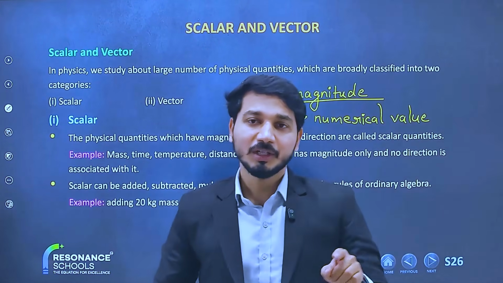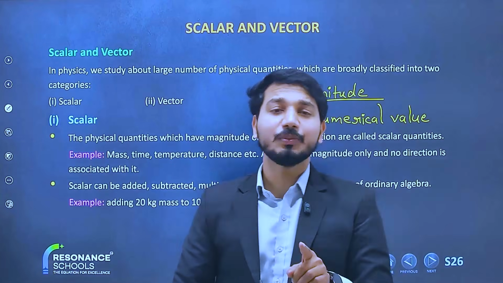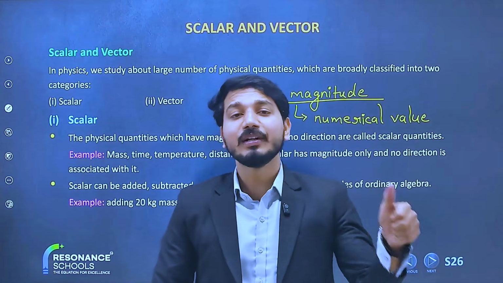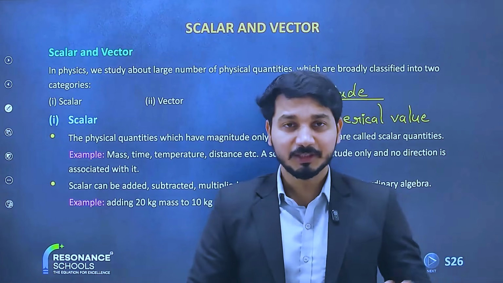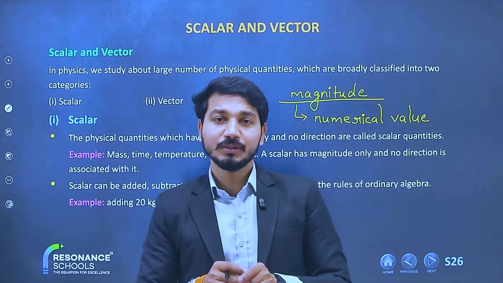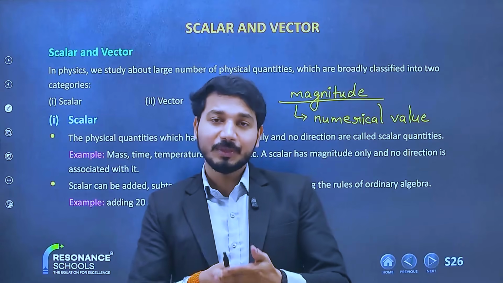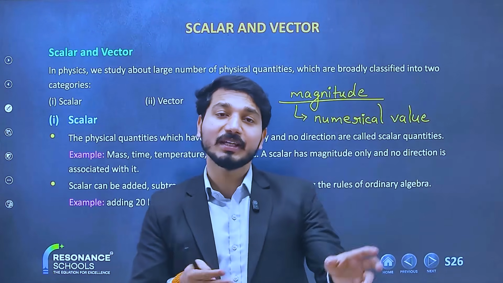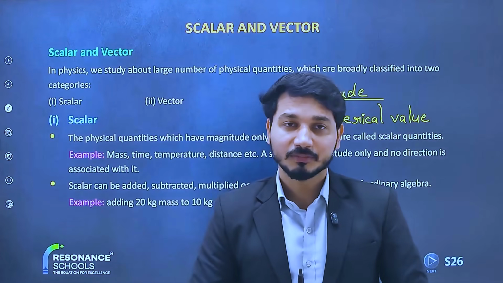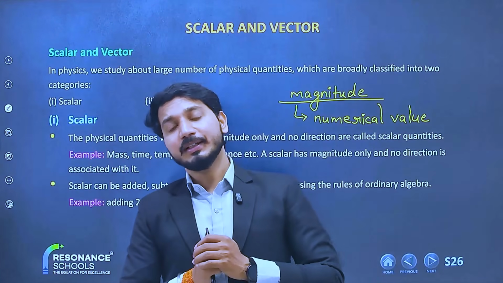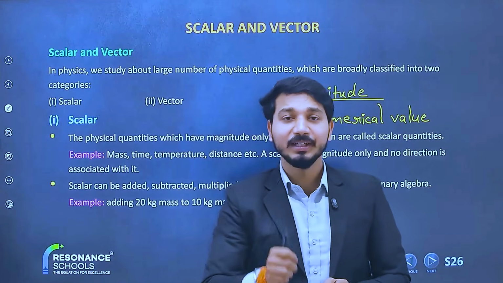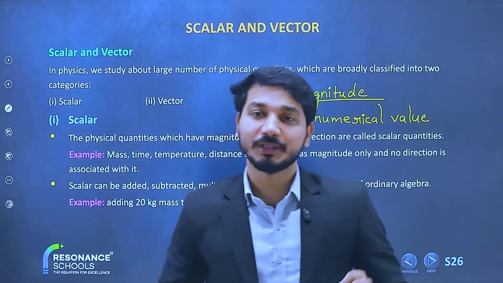If someone asks you how many types of physical quantities are there, your answer should be two, fundamental and derived. Now if someone asks what is the classification on the basis of magnitude and direction, then your answer should be scalar quantity and vector quantity, right?